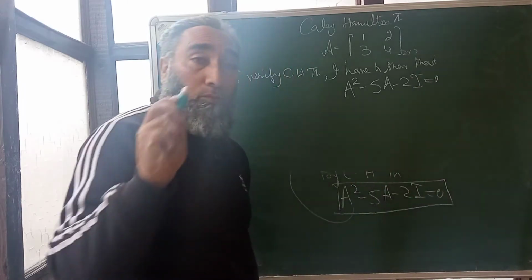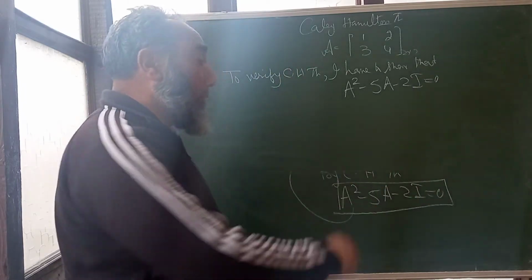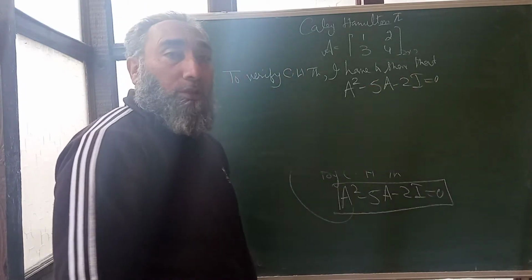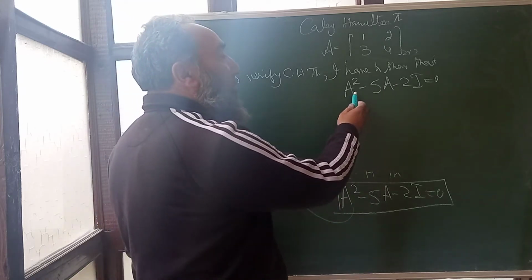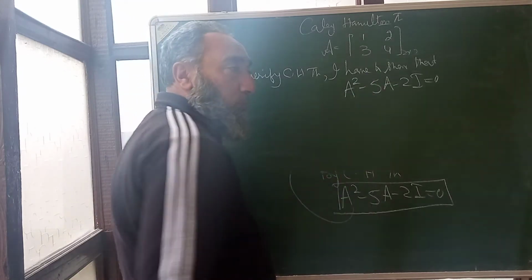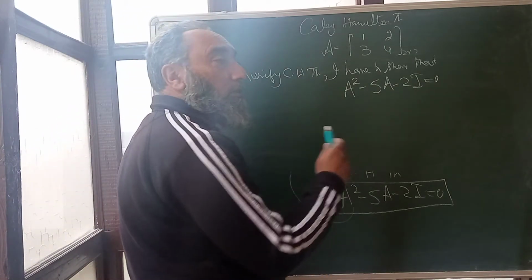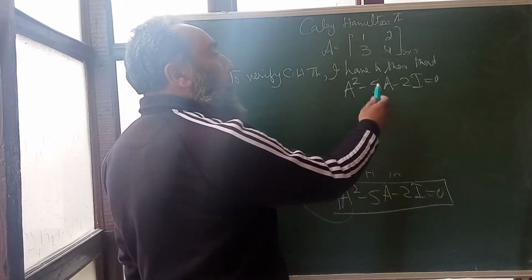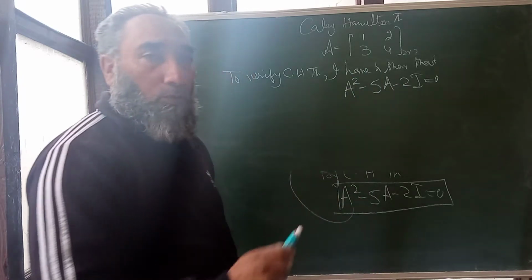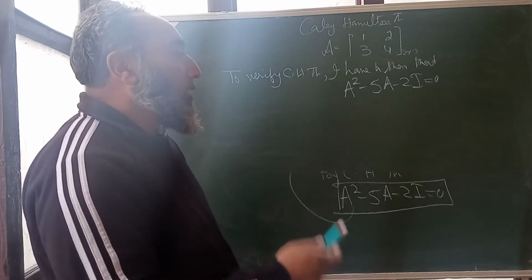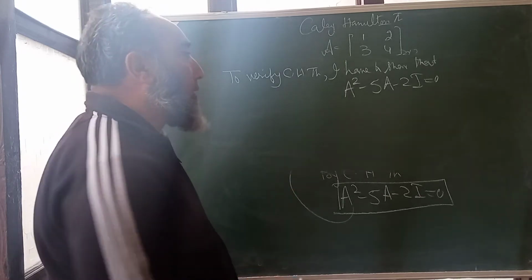This is always true. We can always write it by Cayley-Hamilton theorem. This will be 0 because its characteristic equation is lambda square minus 5 lambda minus 2. So every square matrix satisfies its characteristic equation. Therefore, A square minus 5A minus 2I will be 0. But in order to show you that this is always true, let me find A square.